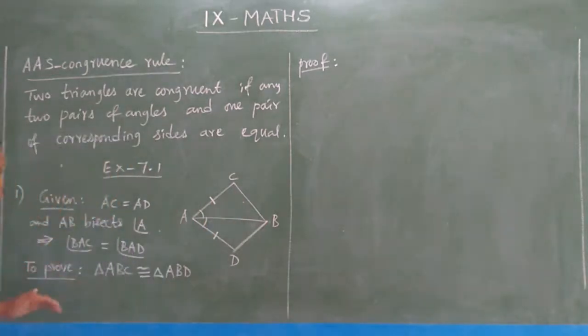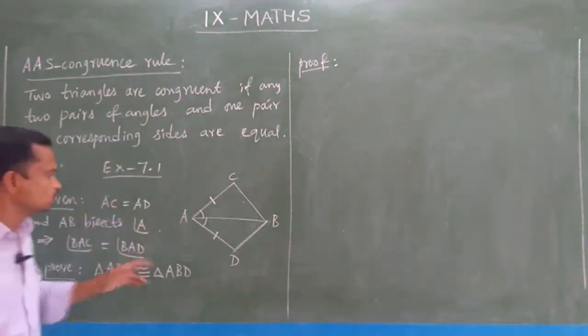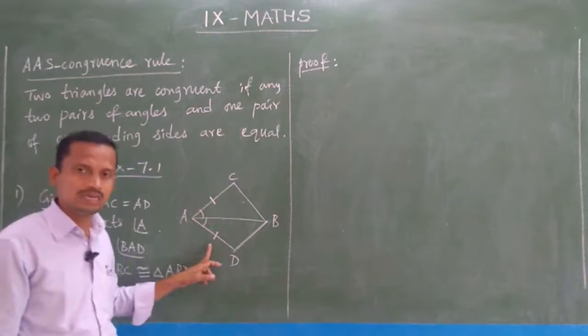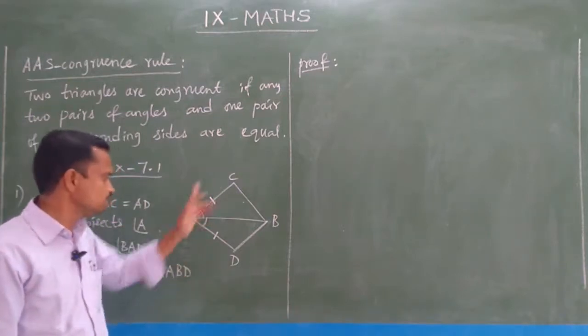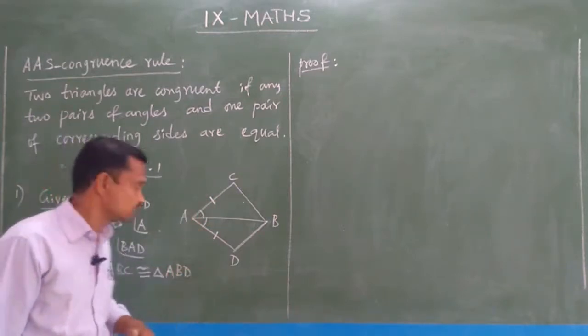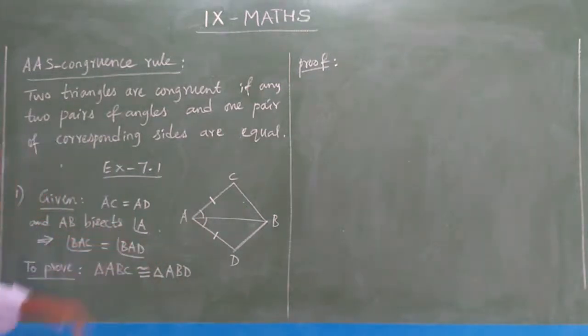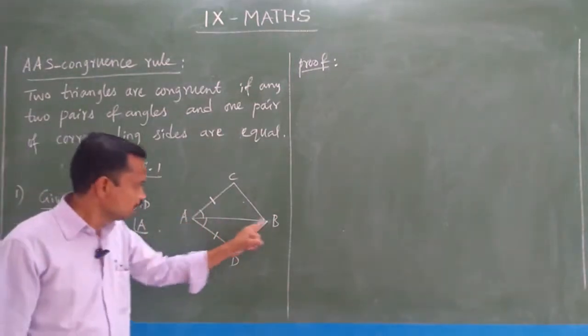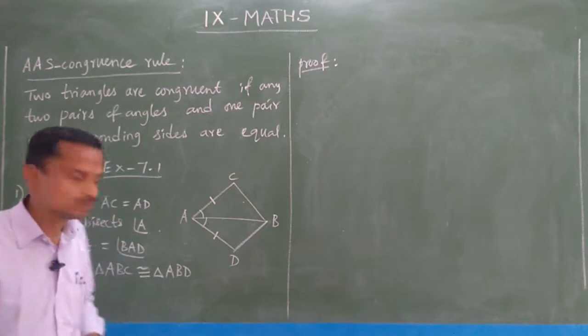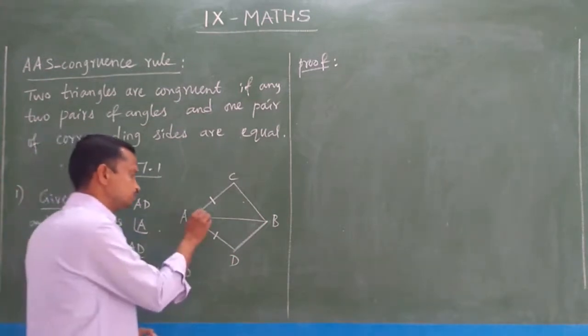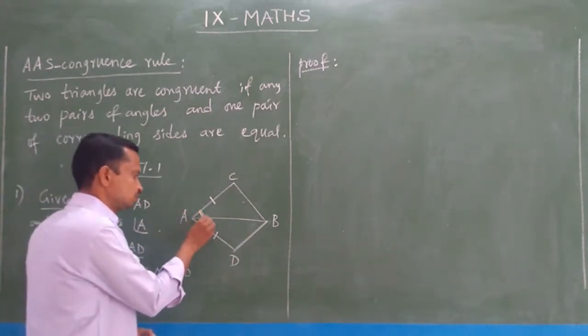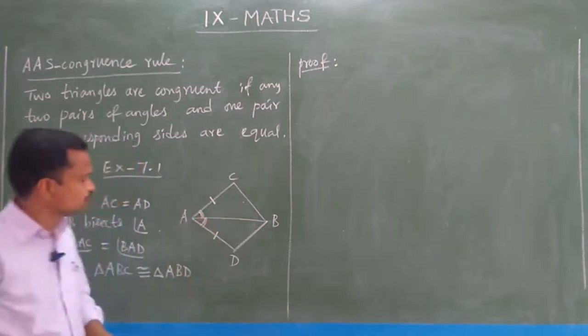Okay. So in this quadrilateral, AC is equal to AD. AC is equal to AD. So they have given like that. AC and AD, the two sides are equal in this quadrilateral. AB bisects angle A. That means what? These two angles are equal. It shows that only. Clear?